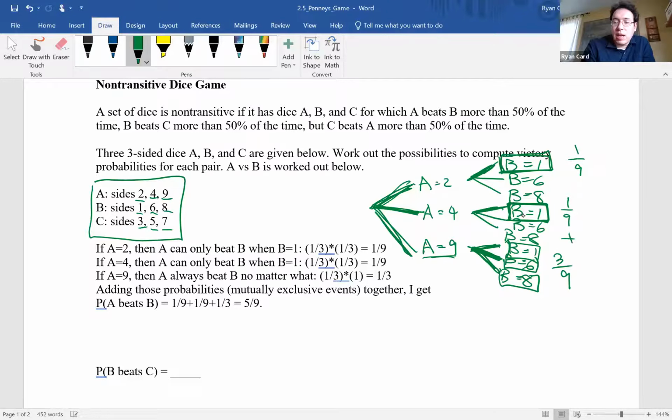And then if I add all of these leaves together, we get 5/9 as the probability that A will beat the die B. And 5/9 is more than 50%. So A beats B 5/9 of the time. I hope that made sense.